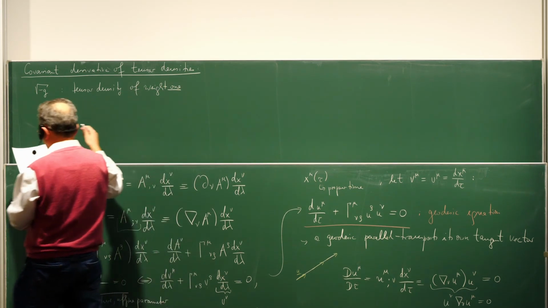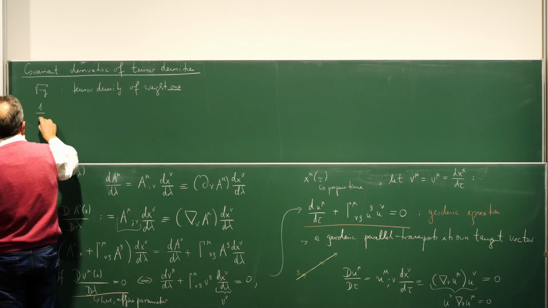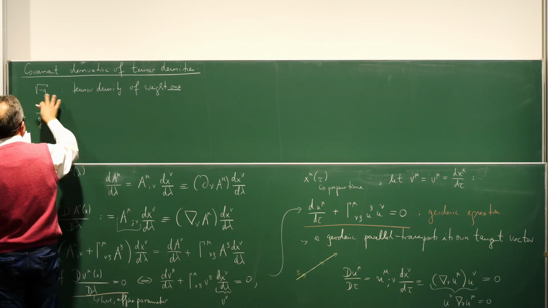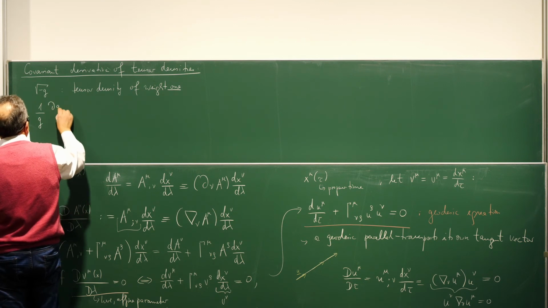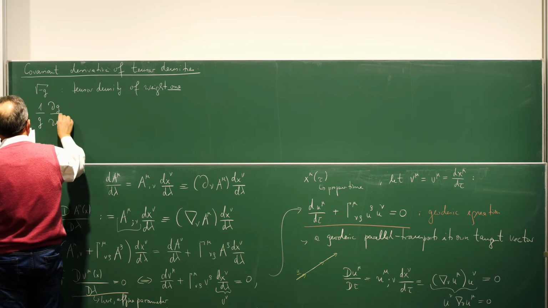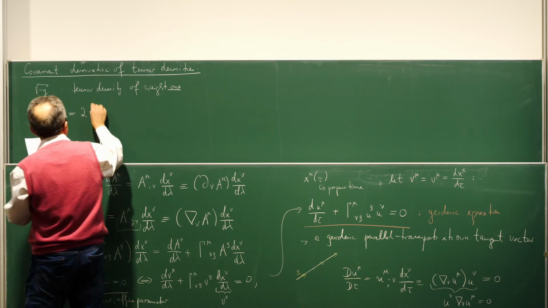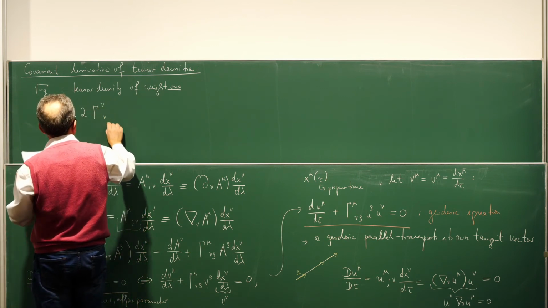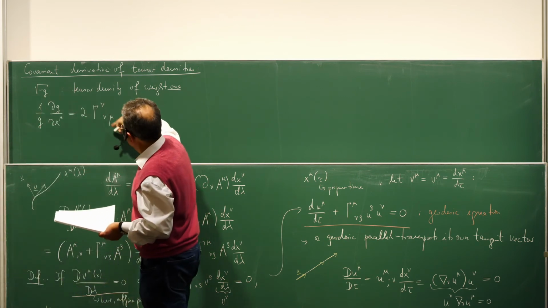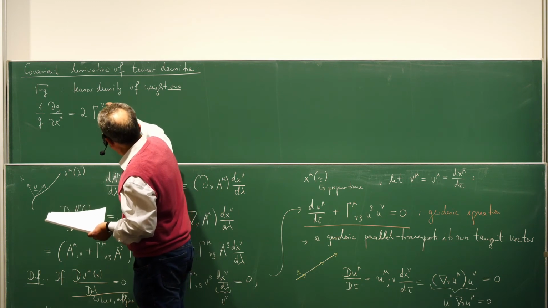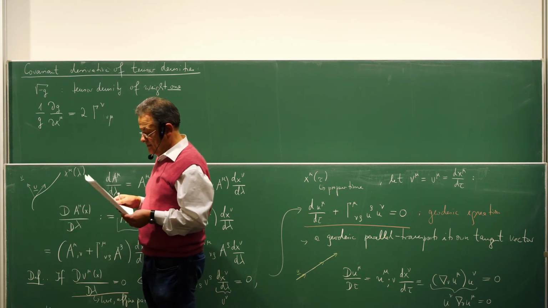Recall also we had this formula that related the derivative of g with the Gamma, which was twice Gamma^nu_{mu nu}, where you sum over these two indices of the Gamma.